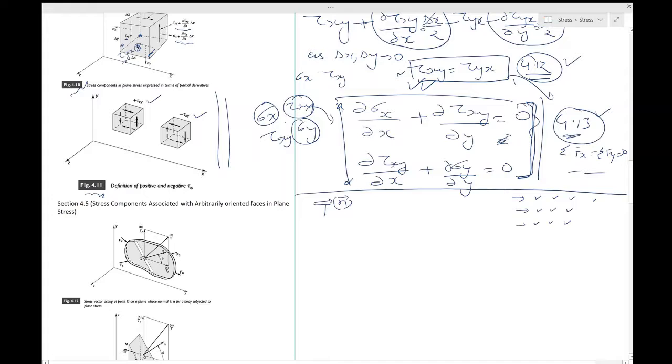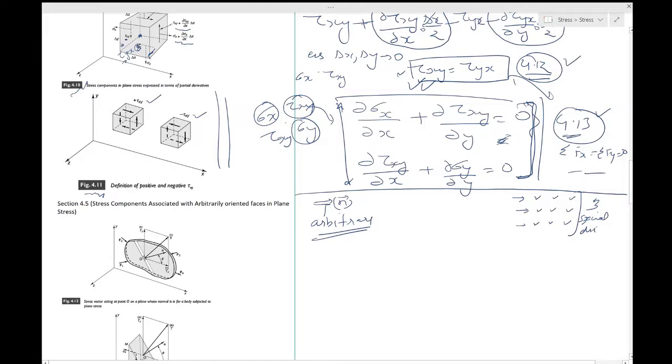So what we had left out at that time is the relationship between this arbitrarily aligned stress vector and these specific three special directions.